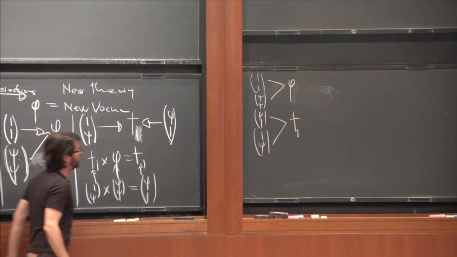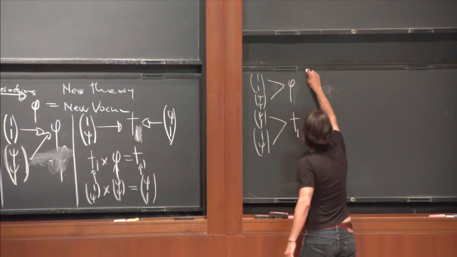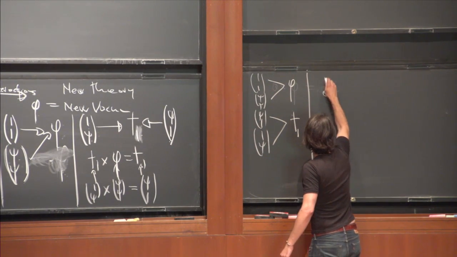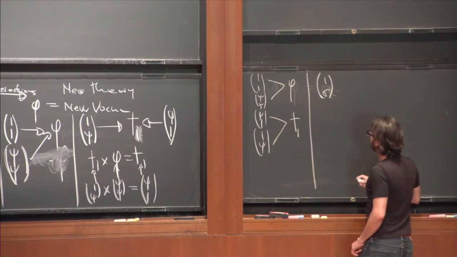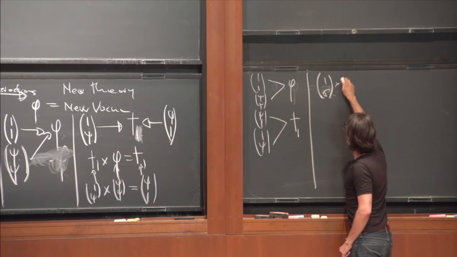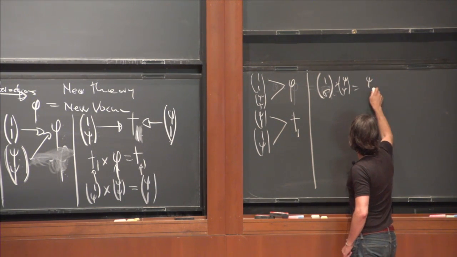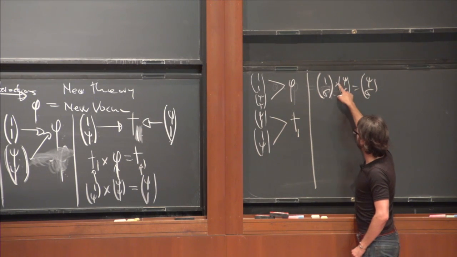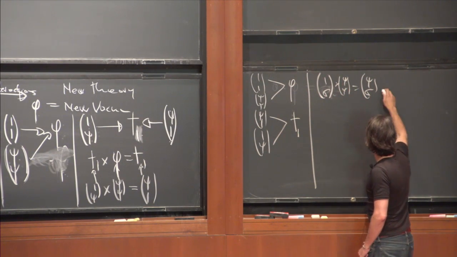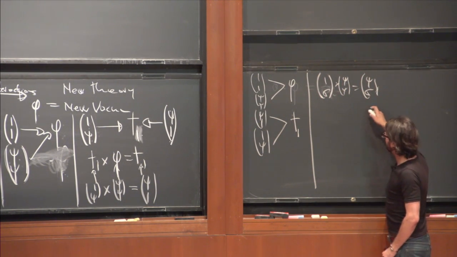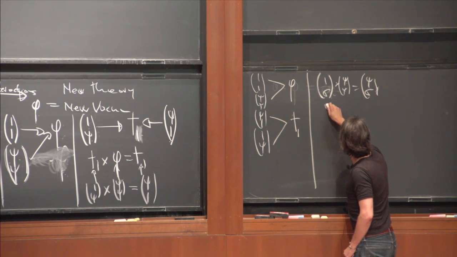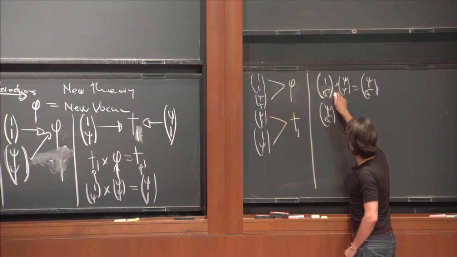So let's see what 1 sigma does. If I multiply it with a vacuum, this is psi sigma, because this is 1 times psi psi, sigma times psi sigma. So then 1 sigma and psi sigma must go into the same particle.